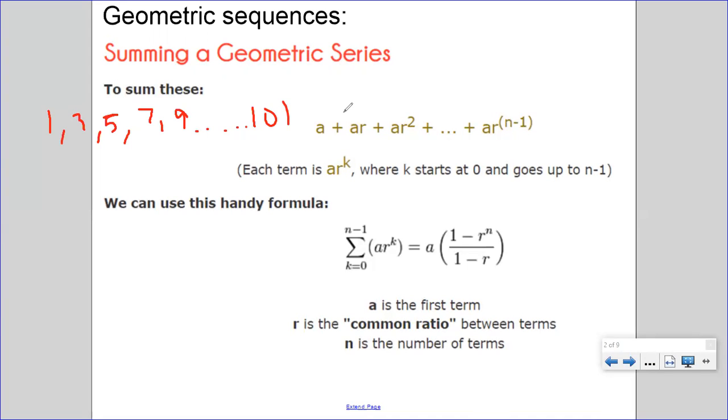Make pairs? What do you mean by make pairs? You would have to do 101 plus 1, and then 99 plus 3, and then you divide that by the total amount, and then multiply it by the amount of pairs.